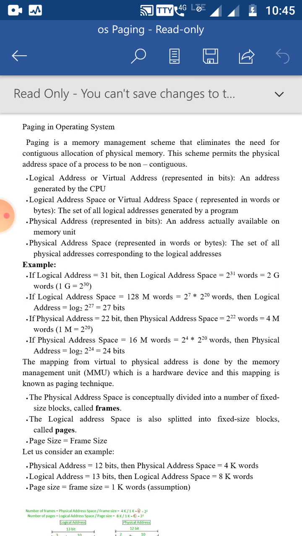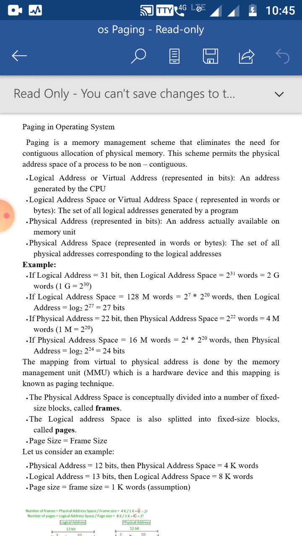Okay, so a page map table is created. For a 7-page program, an index table, that is the page map table, is created. In the page map table, there are 7 entries.